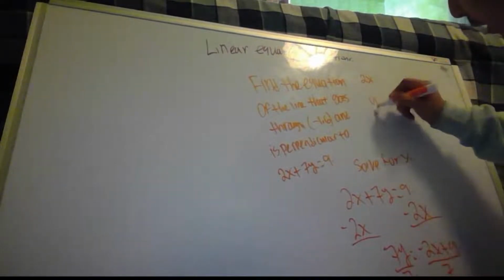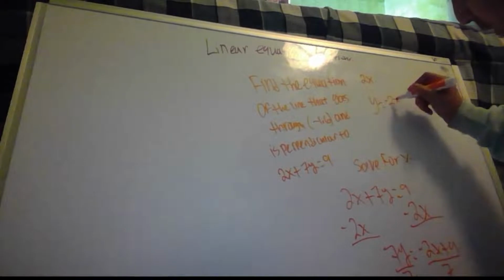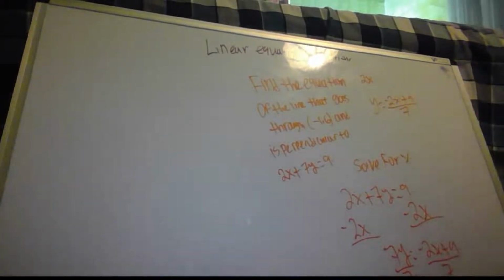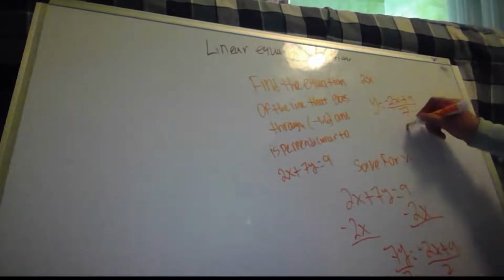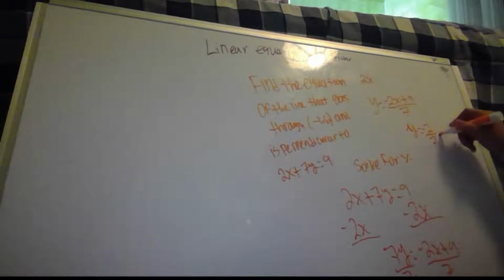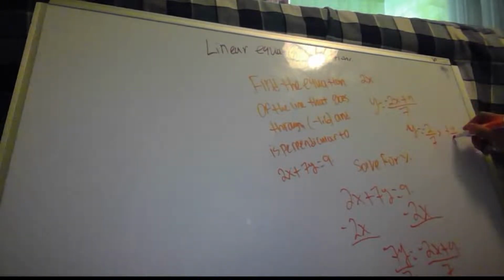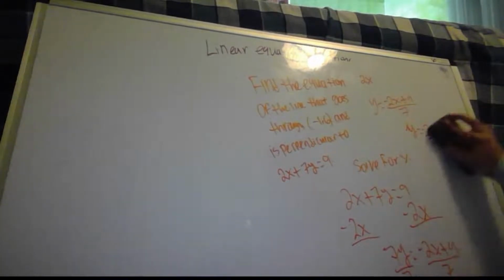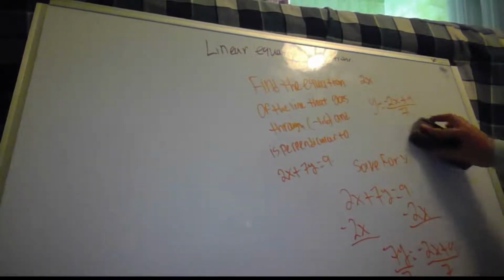We have y equals (-2x plus 9) all over 7. You can also say y equals -2 sevenths x plus 9 sevenths, but they have the same denominator, so you can bring it together. It's okay.